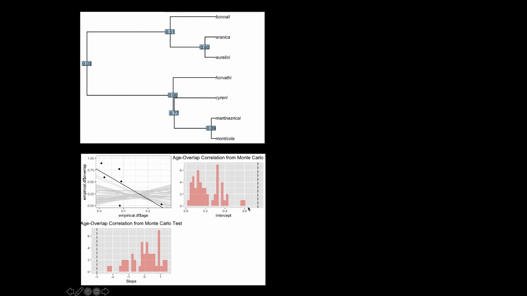And you say, in this case, there is more overlap between closely related species, so shallow in the tree. There's more overlap than you'd expect by chance. The intercept is higher than expected. But there's a significant tendency towards declining overlap as you get deeper in the tree, right? So closely related things are more similar, more distantly related things are less similar, which is quite interesting.